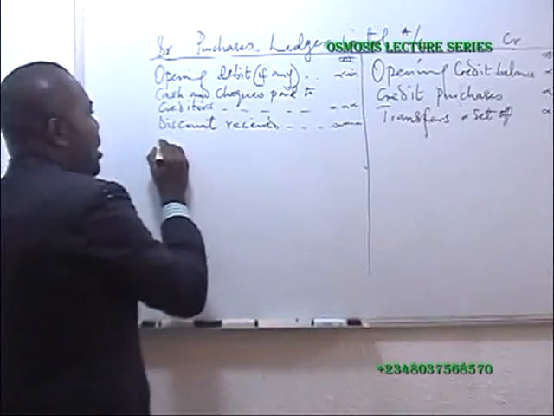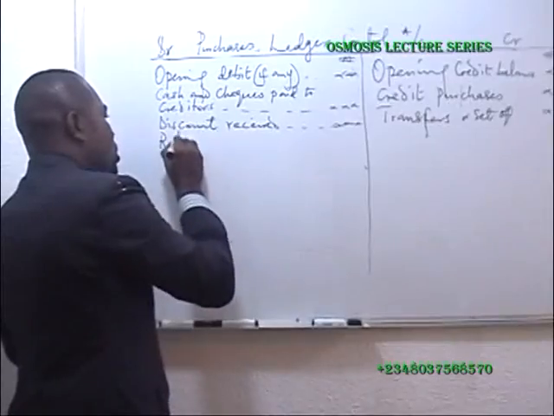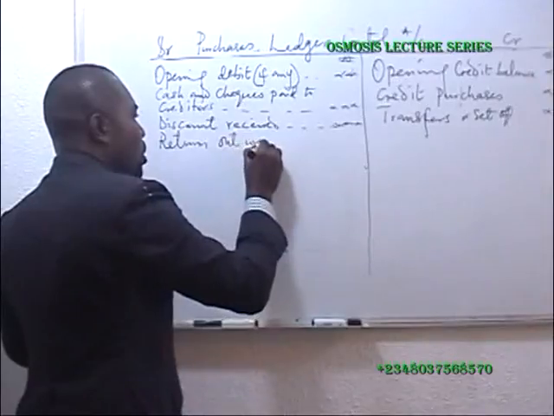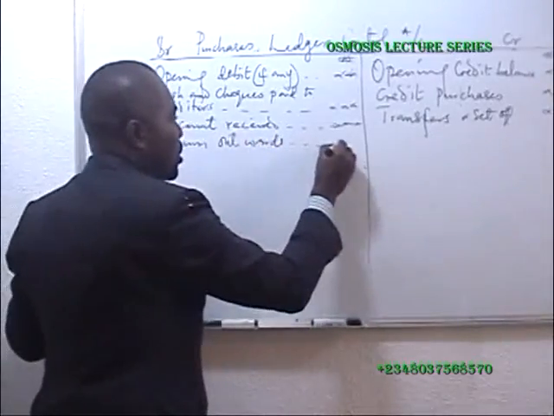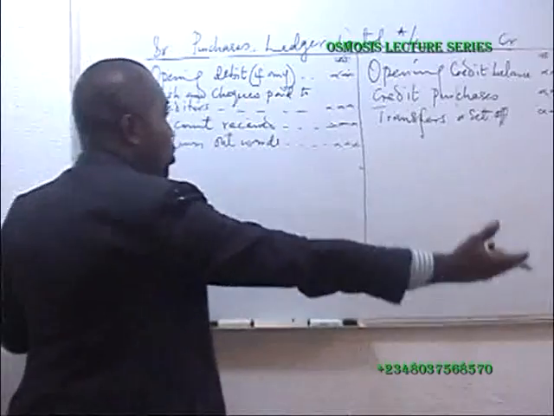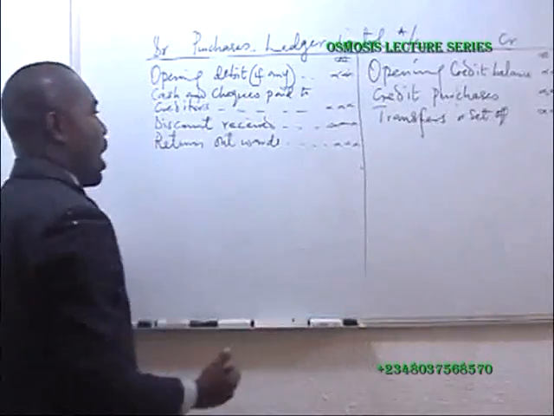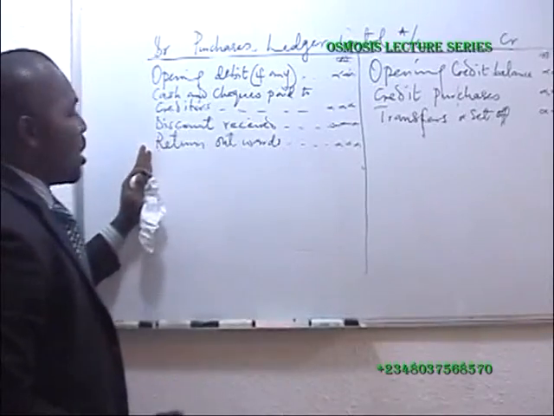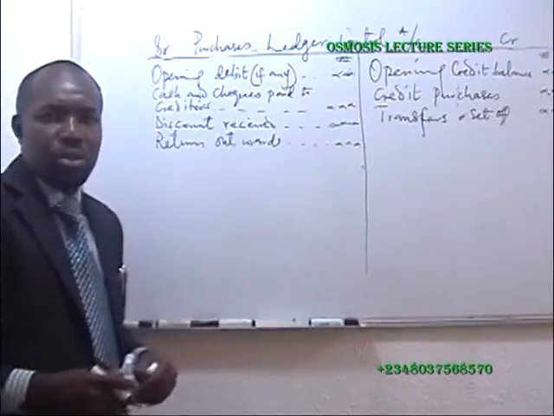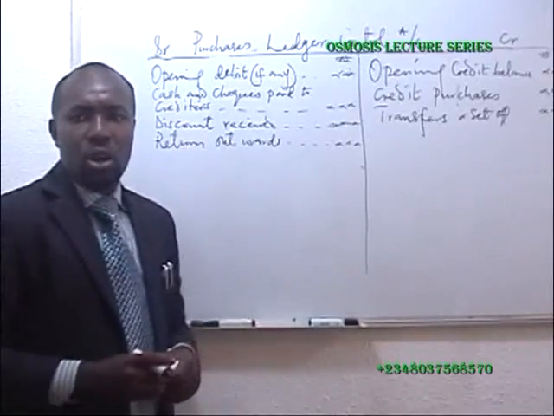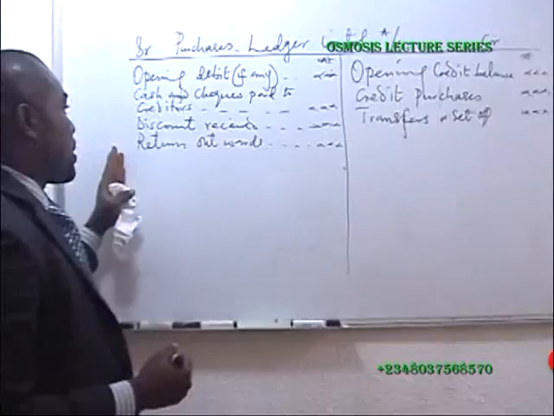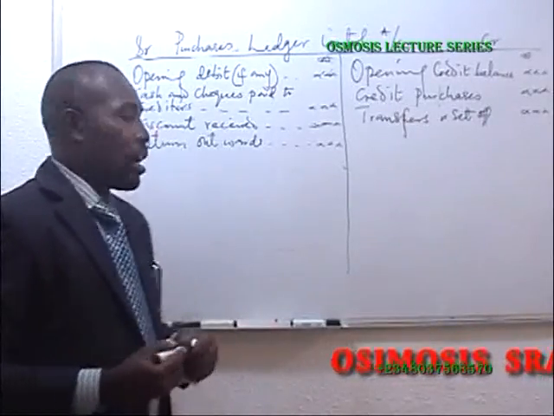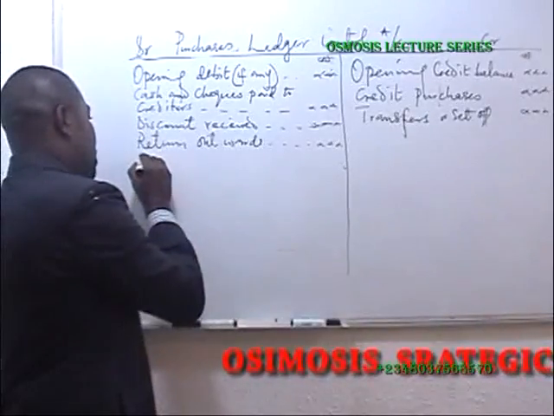Then another thing here that may appear here is what? Return outward. Return outward. This thing, as you return back to your creditors, it reduces the debt you are owing them. Then another thing that may appear on the debit side is bills payable.